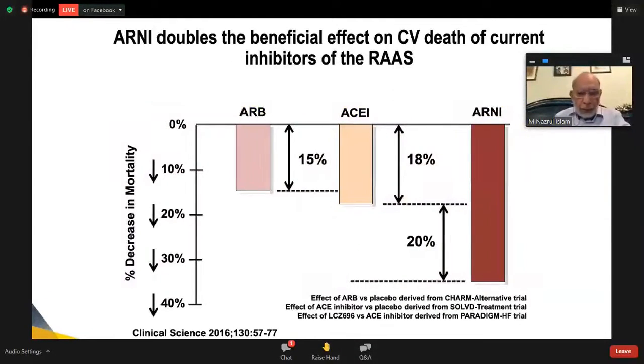When we compare with RAAS inhibitors like ARB and ACE inhibitor, an additional 20% mortality reduction has been achieved by ARNI. So gradually, from conventional therapy to newer therapy, our outcomes are improving.